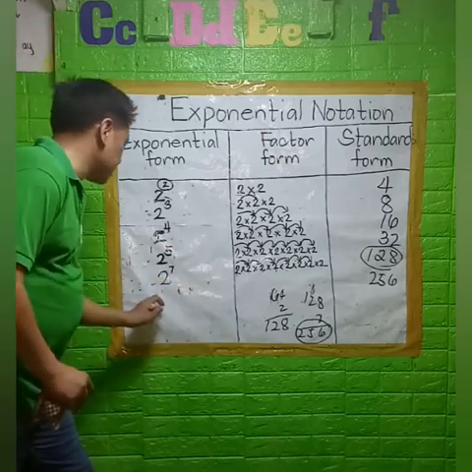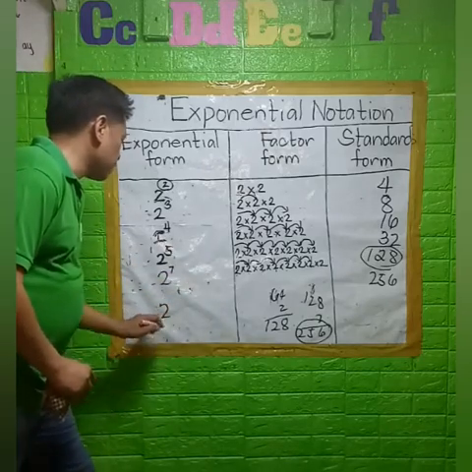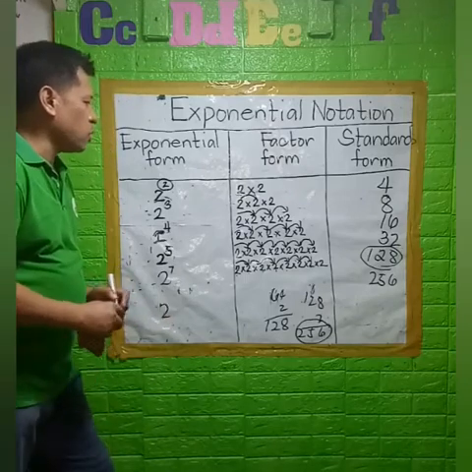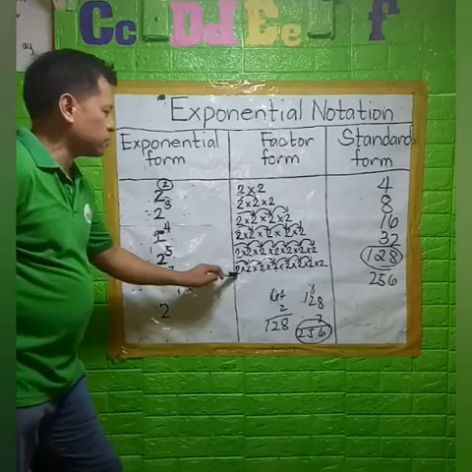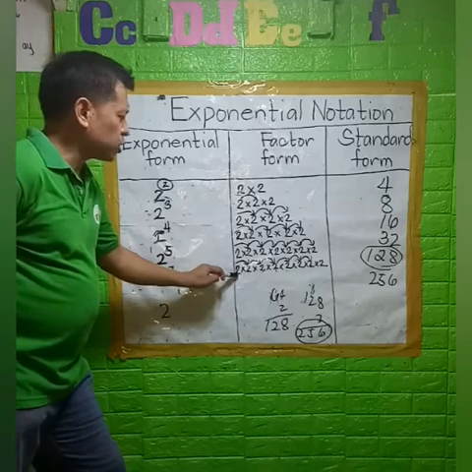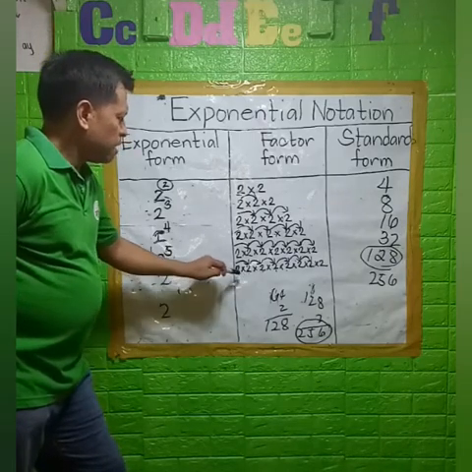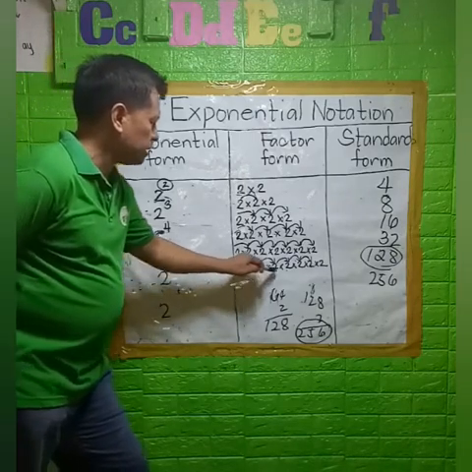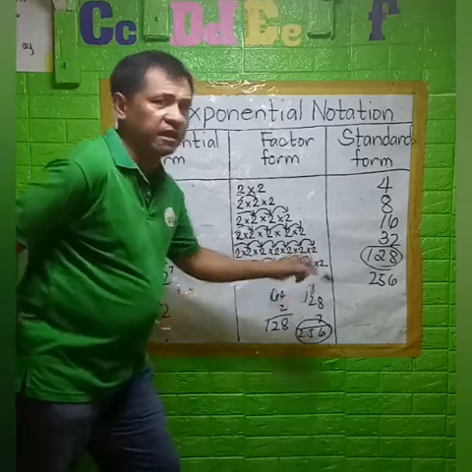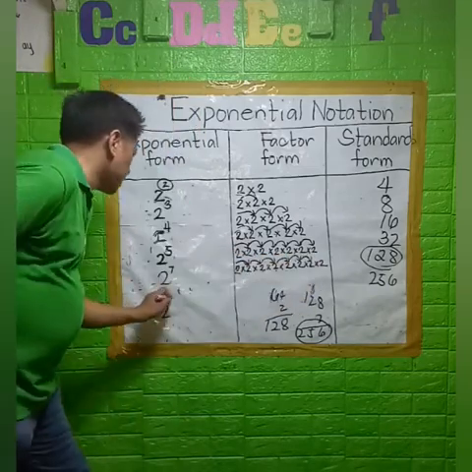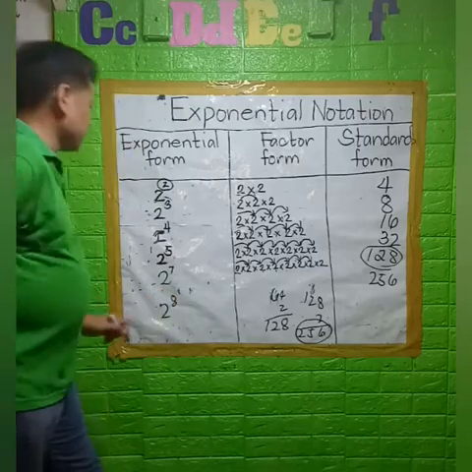Then, the last example here. Again, our base is 2. All we have to do is count the number of 2's that we multiply. We have 1, 2, 3, 4, 5, 6, 7, 8. So our exponent here is 8.